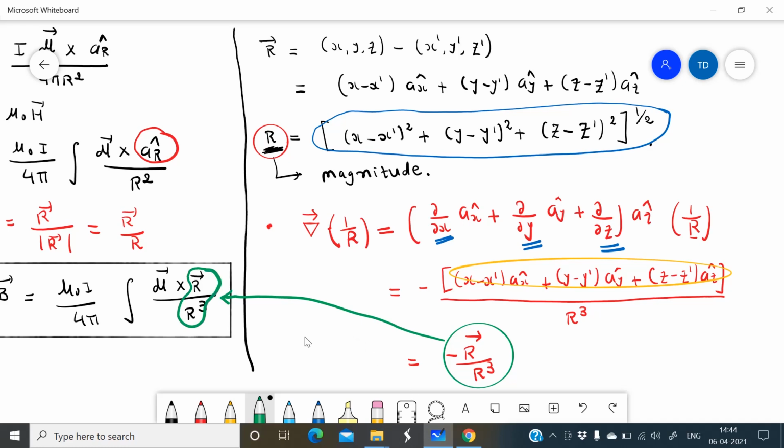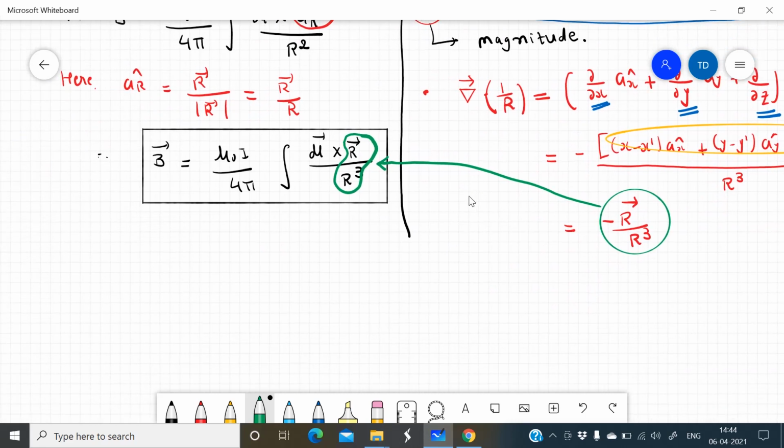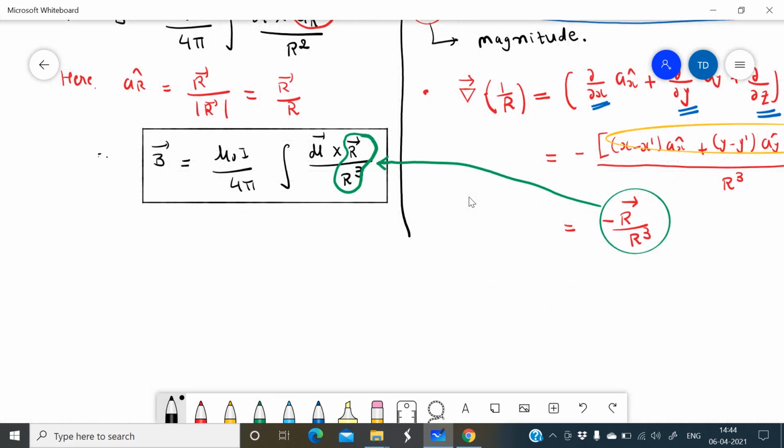Put this value here. So B is equal to mu 0 I upon 4 pi, integration of dl cross r upon r cube. That means this one is del of 1 by r, and here there is a negative sign.